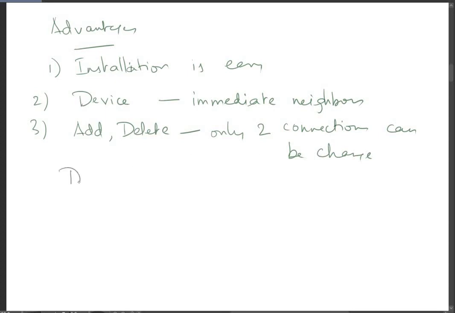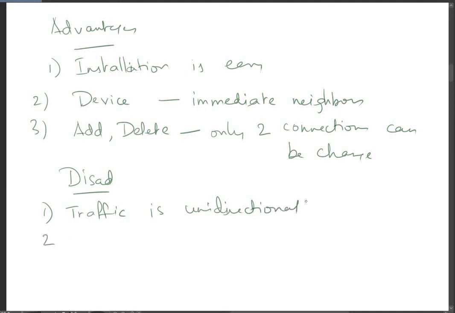Next we'll see what the disadvantages are. All the communication links in this ring topology are unidirectional, because device 1 can transfer only to device 2, 2 can transfer to 3, and so on. So the traffic is unidirectional, and this is a disadvantage.